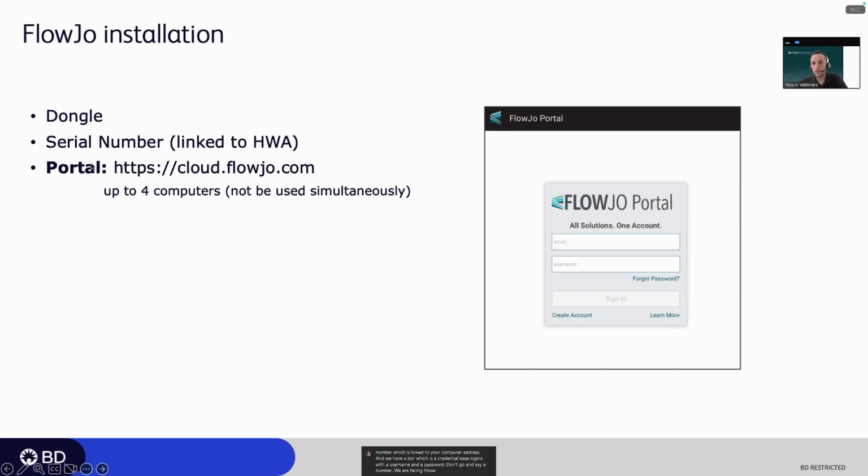So if you still have one of those and want to switch to Portal, just contact us and we're happy to exchange your dongle for a Portal account. With a Portal account, username with credentials, you can have access with those credentials on up to 4 computers. So you can have access to your lab computer, home computer, maybe a laptop, whatever computer you want.